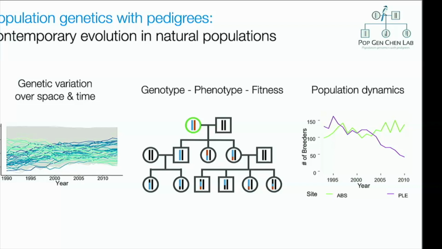Broadly, we're interested in what evolutionary processes govern patterns of genetic variation over space and time, what the link is between individual genotypes, phenotypes and fitness, and eventually what the impact is on population trajectories.